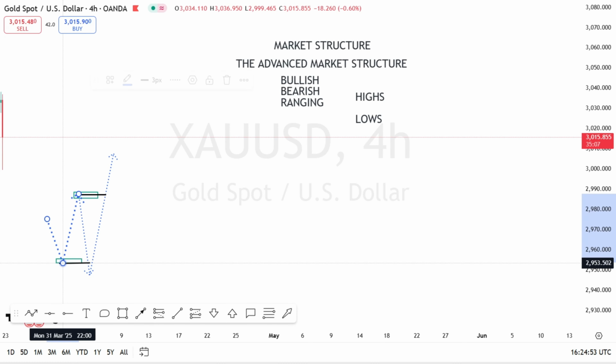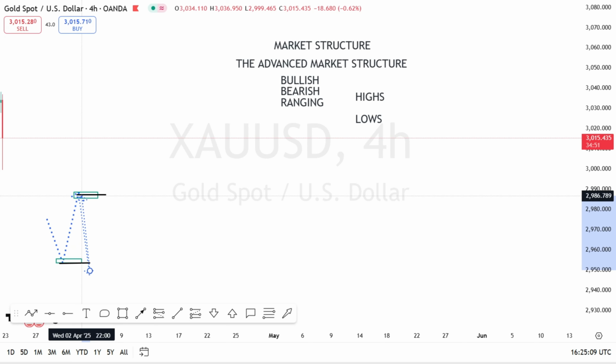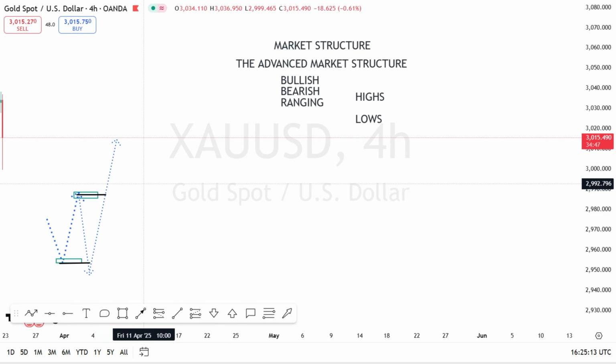Your low needs to be taken out first. Once it's taken out, the market will then make a move again upward to take this high over here. All right, good.